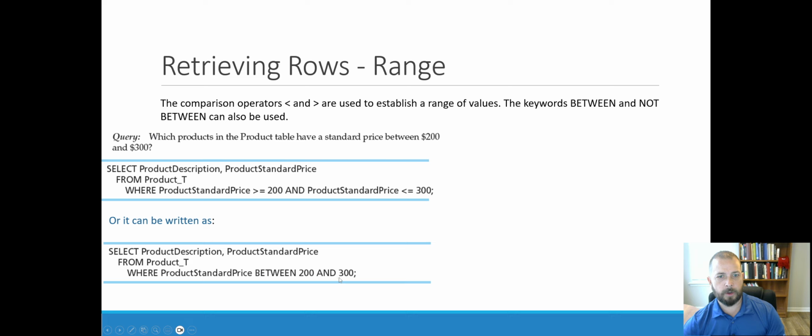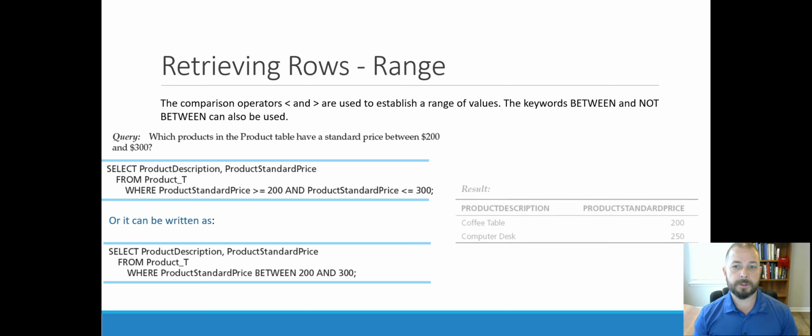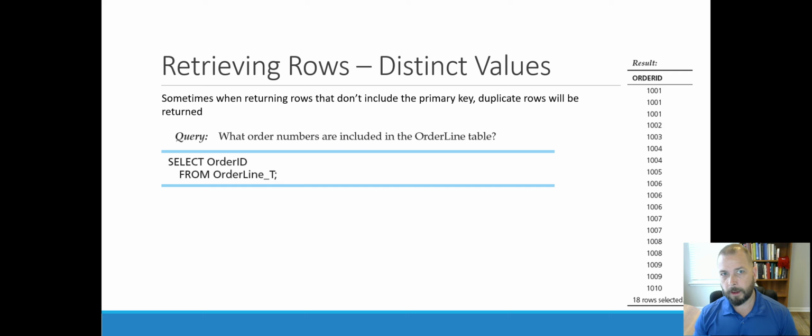It's really up to the programmer whether or not they want to use these keywords, but it does sometimes allow us to reduce the amount of text and make our code a little more readable. Both of these will return the same result.